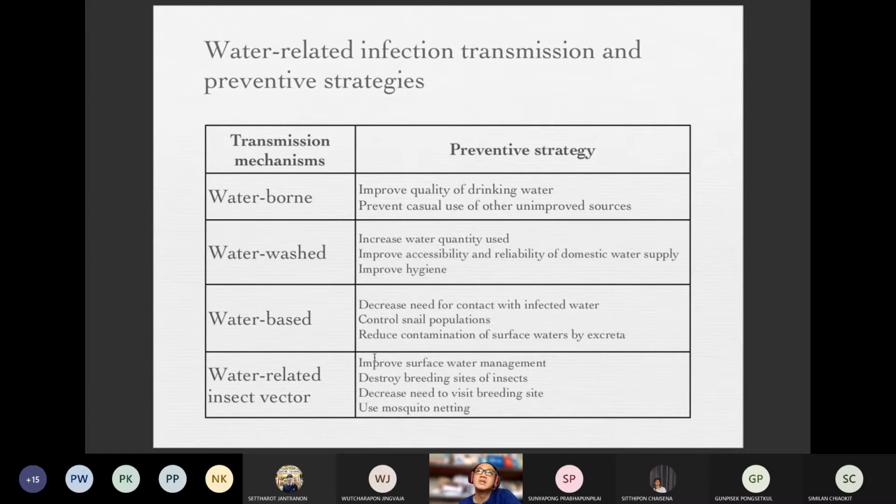or prevent casual use of other unimproved sources. Just like when we harvest or withdraw water from the river, we try to withdraw the water from upstream of the city. We don't withdraw the water near the cities or inside the cities, because there's a lot of chance of contamination.